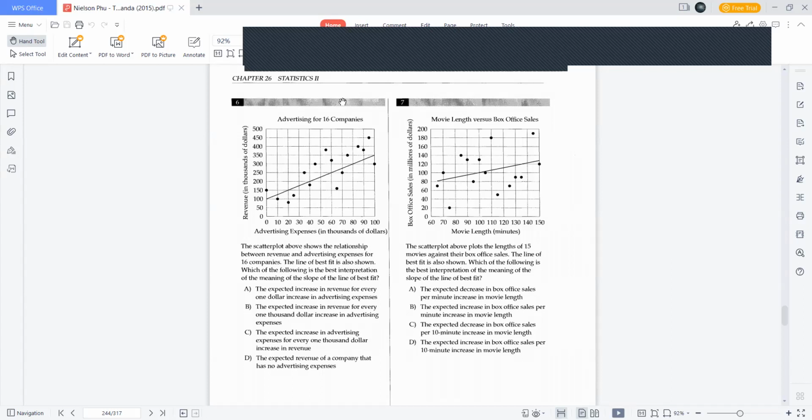But here's something interesting. With B and C, both of them have this for every $1,000, right? And typically when people are making multiple choice answers, they want an answer where there's one thing wrong with it, or it's completely far off. So for answer A, they have the for every $1.